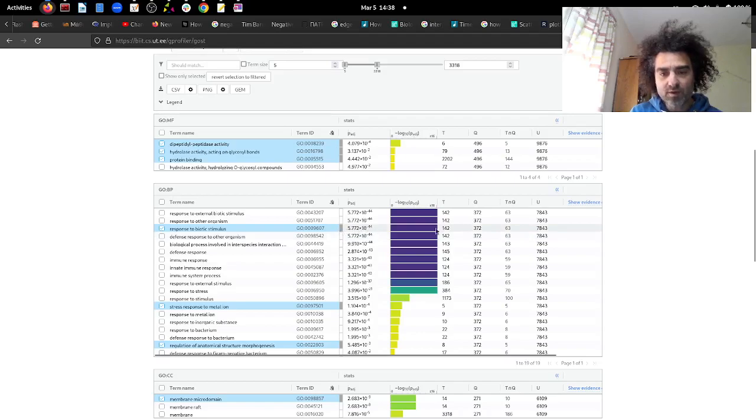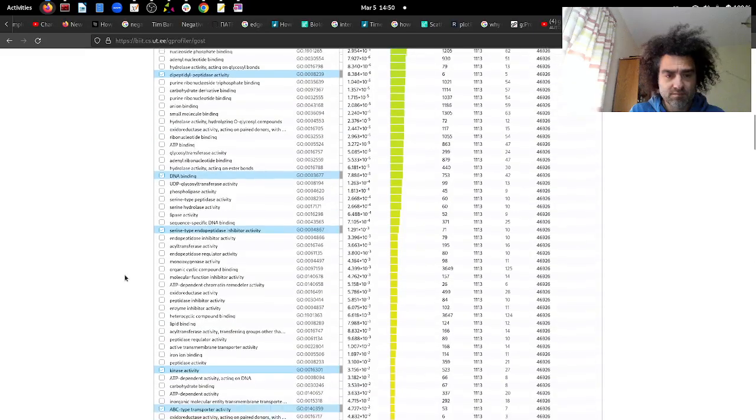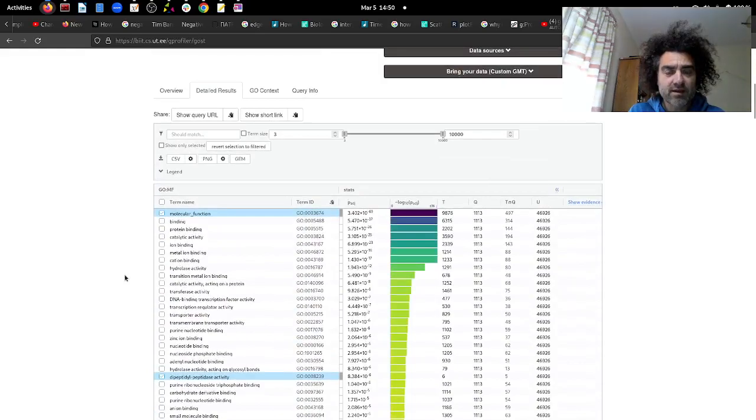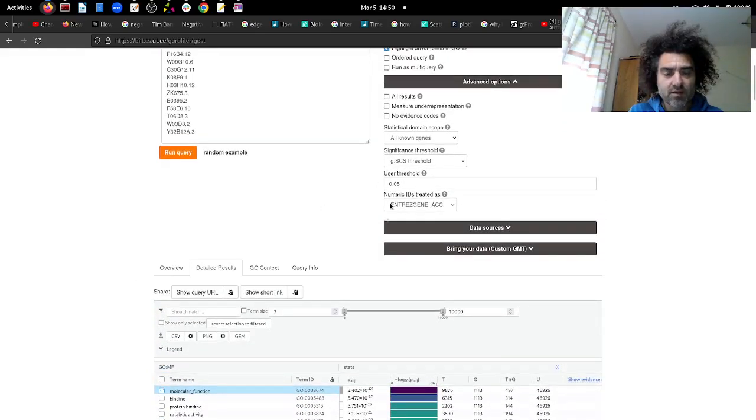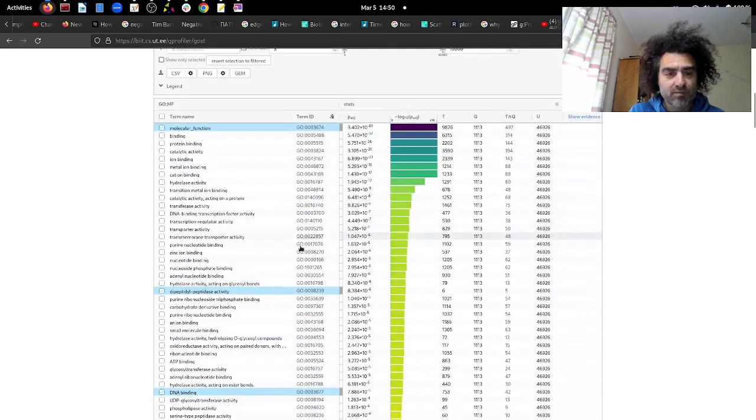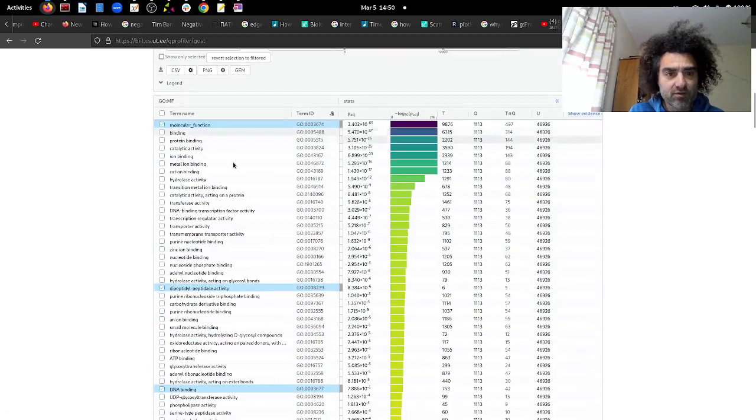So our query, so this list of genes that we put, has a size of 372. Okay, I had to rerun the analysis in a way that will match what I told you on the paper, and then we'll change it back. So let's continue, and then we will see the corrections.